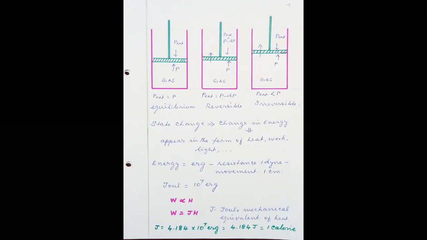Suppose you are taking a resistance of one dyne. That one dyne resistance is moved to a distance of 1 centimeter. What is the energy spent or what is the work done? It is one erg. So 10 power 7 erg is 1 joule. So normally we calculate energy in terms of joule in SI unit.